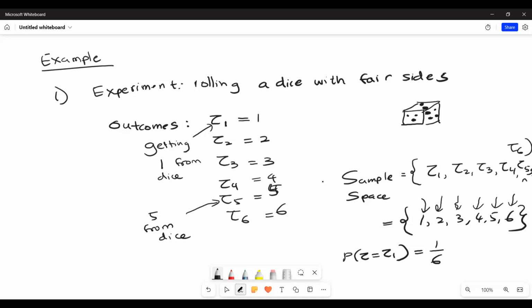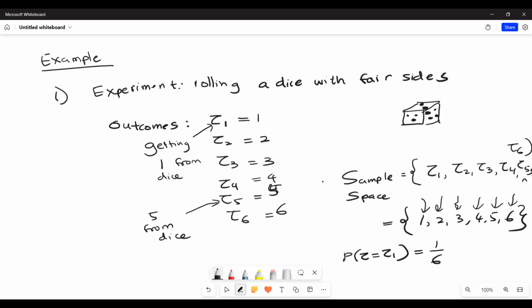So the summation of the probabilities of all these outcomes should equal 1. Because of that, the probability of getting the outcome 1 is 1 over 6.